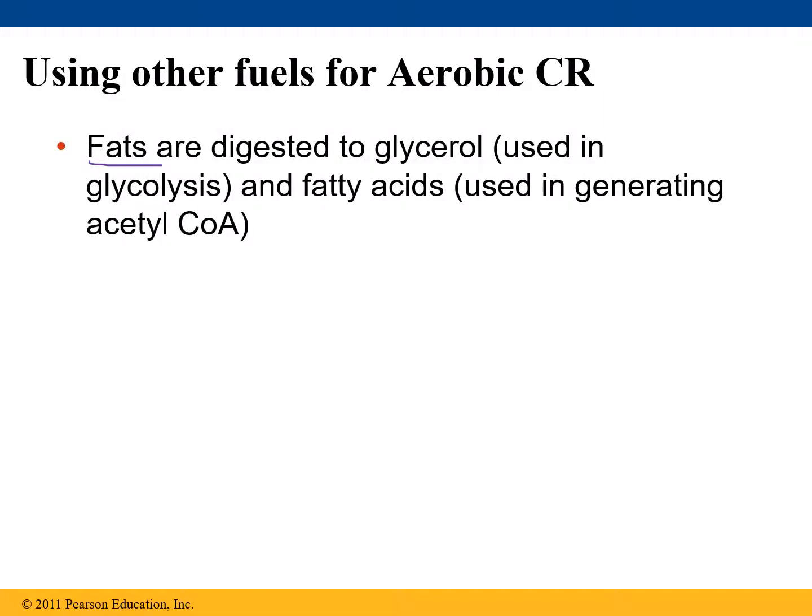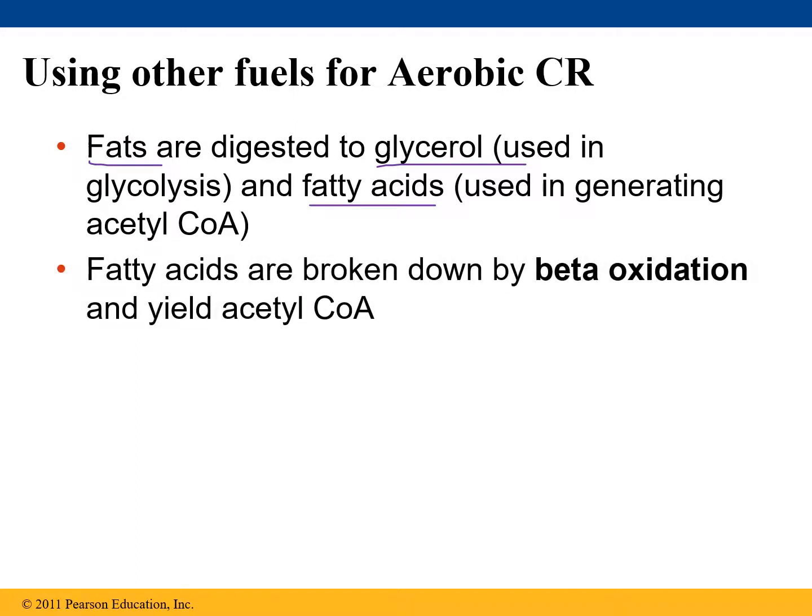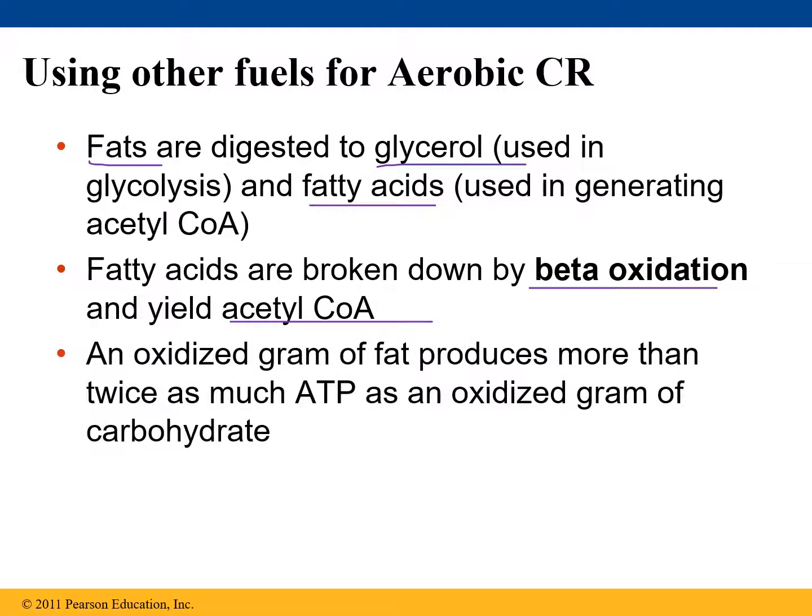Fats, if we feed those to the cell, get digested into glycerol and fatty acids. That should look familiar from when we talked about macromolecules. Those fatty acids get broken down by another process called beta oxidation, and they end up yielding acetyl-CoA. One oxidized gram of fat produces more than twice the amount of ATP as an oxidized gram of carbohydrates.